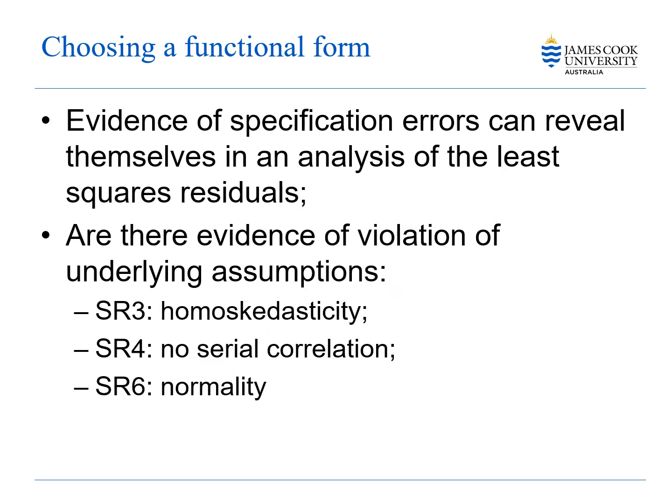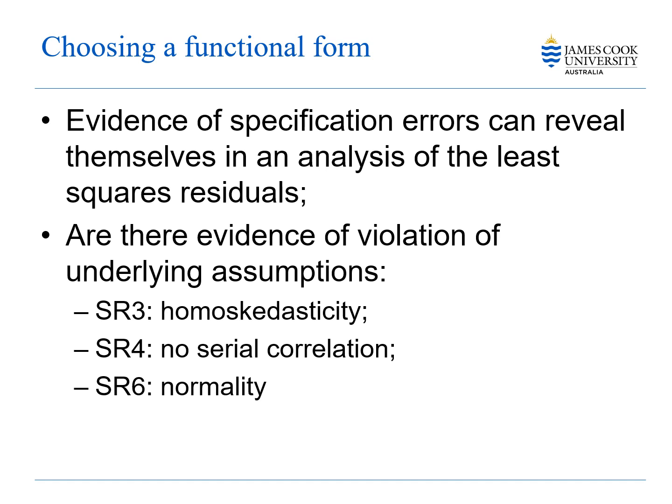So evidence of specification errors can reveal themselves in an analysis of the least squares residuals. So we finish the regression, we predict residuals, and we can check them, looking for evidence of violations of the underlying assumptions, for example, homoscedasticity. This is a particular case for cross-sectional data where we may have what is called heteroscedasticity issues.